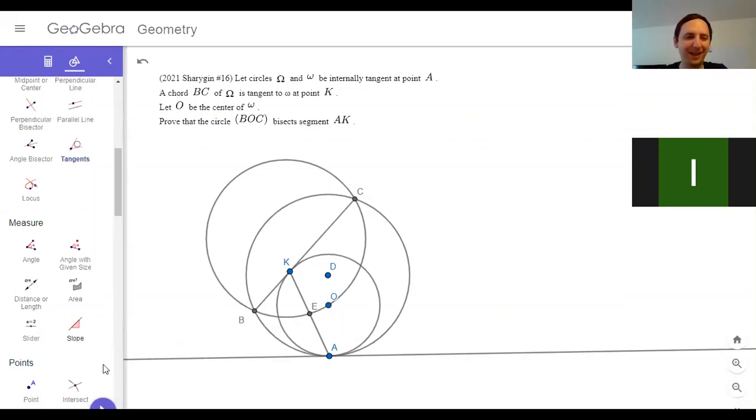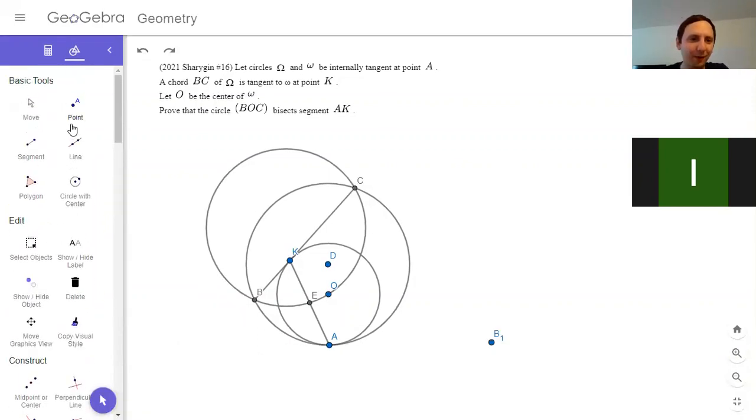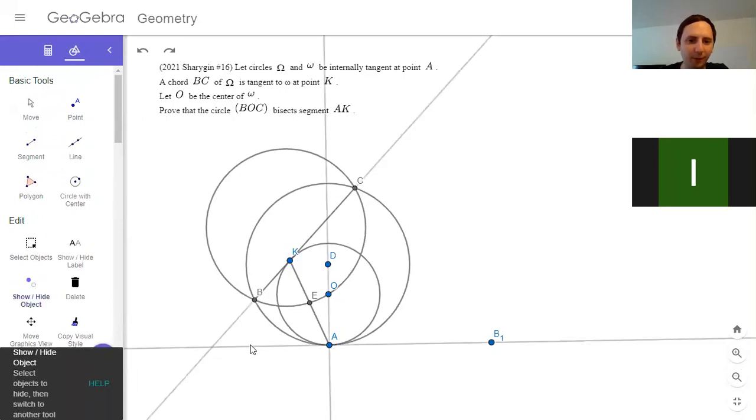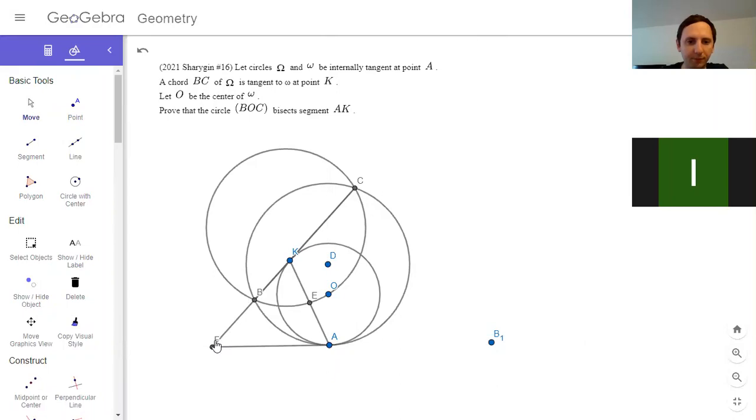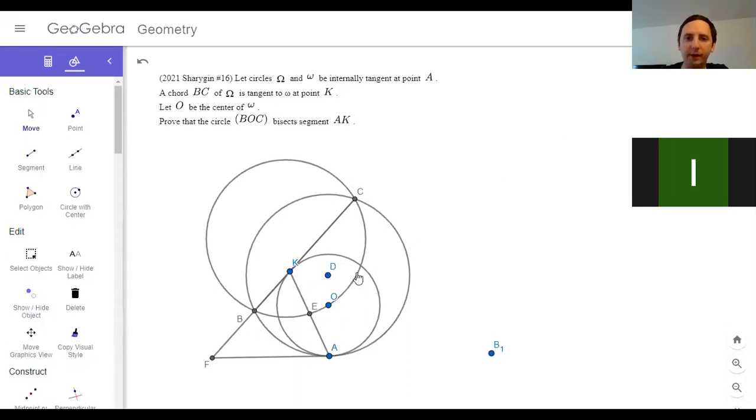You're faster than me. Or I could just unhide the other one. So yeah, maybe. Something like this. Let's see. I wonder if that makes it easy. We want to show angle OEK is 90. Yes.